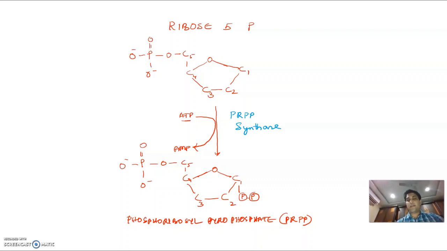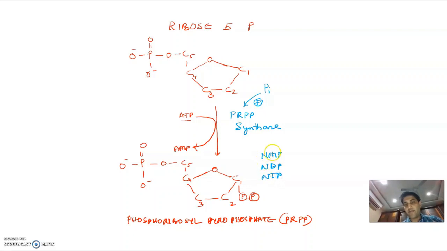Now this step is regulated. Inorganic phosphate is a positive regulator, whereas nucleotide monophosphates, diphosphates and triphosphates are all negative regulators of this step.